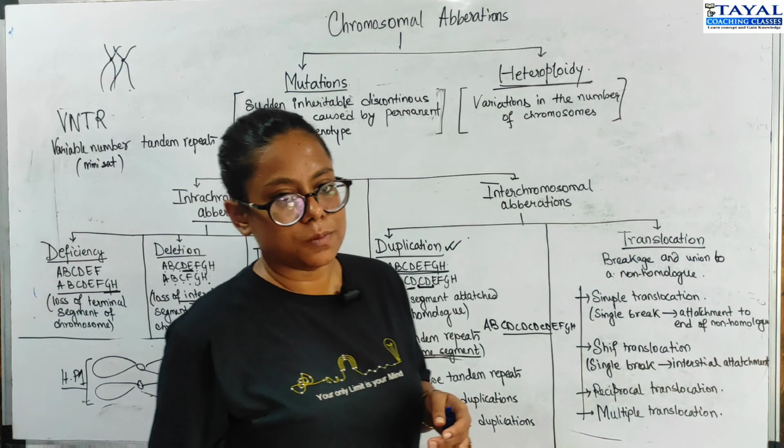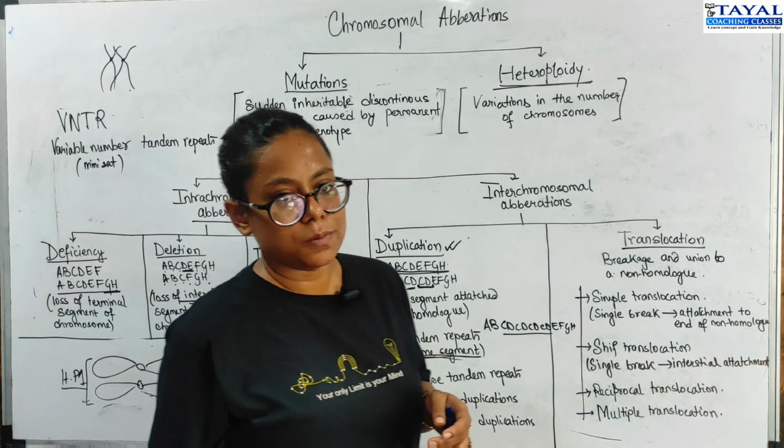Much like our thumbprints, our VNTRs are unique. Therefore, VNTRs, which are inherited from our parents, can also be used to check for paternity, check for forensics, right? So VNTRs are an excellent example of tandem repeats.